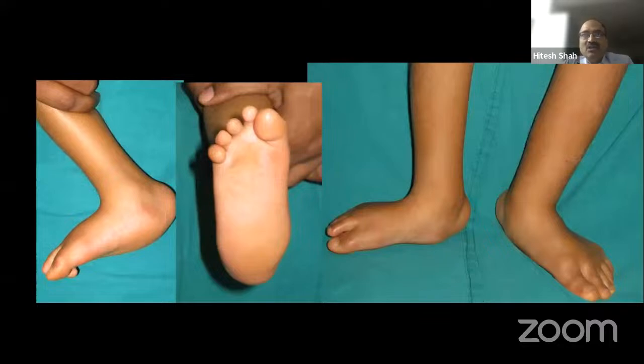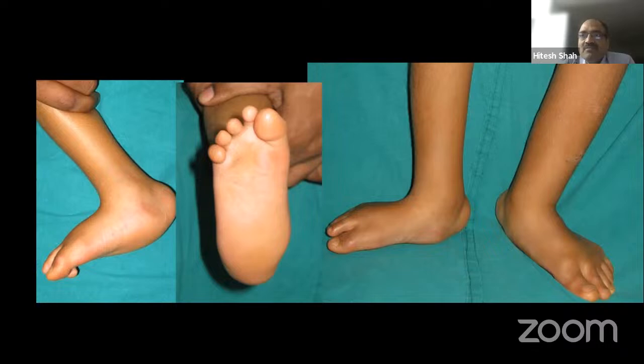So a very peculiar part of the vertical talus: whenever the navicular is displaced dorsally and laterally, the head of the talus would be prominent. The difference between the oblique talus and the vertical talus is that in the vertical talus the talonavicular joint is completely disrupted, dislocated, while in the oblique talus it is subluxated.